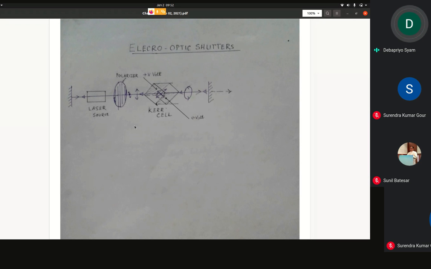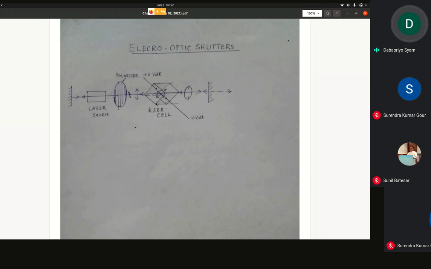A half-wave plate is, say, a quartz plate which produces a phase difference between the two polarized components of the incident electromagnetic field. The two polarized components propagate at different velocities, and when they come out, the phase difference between them differs by pi.